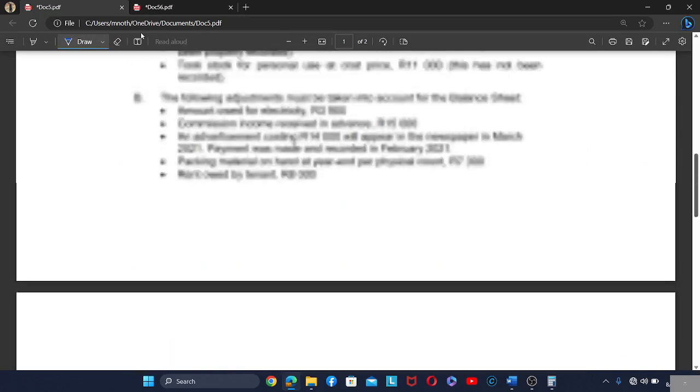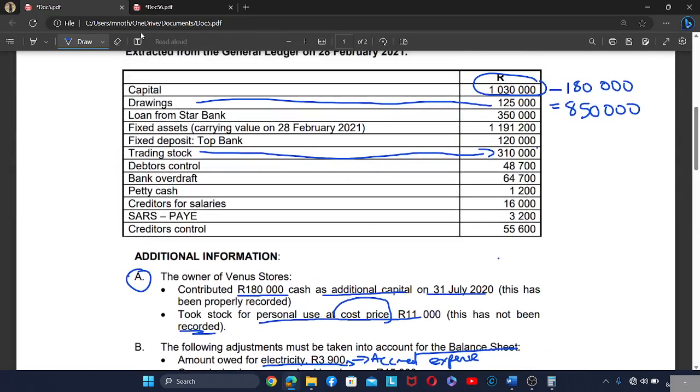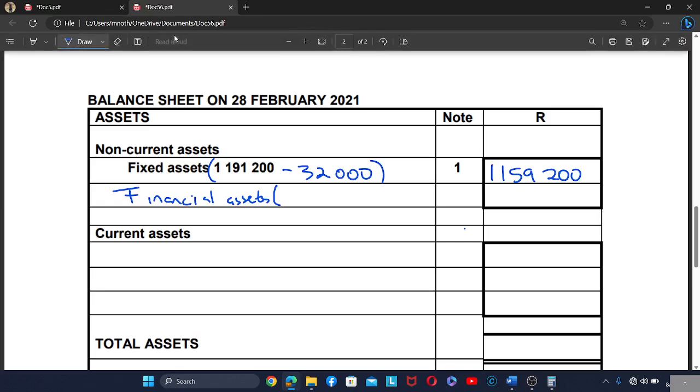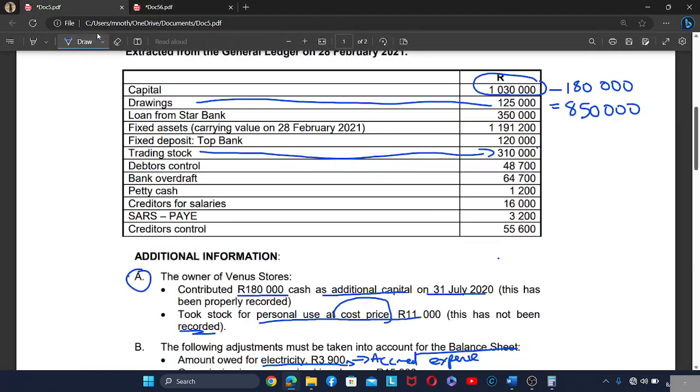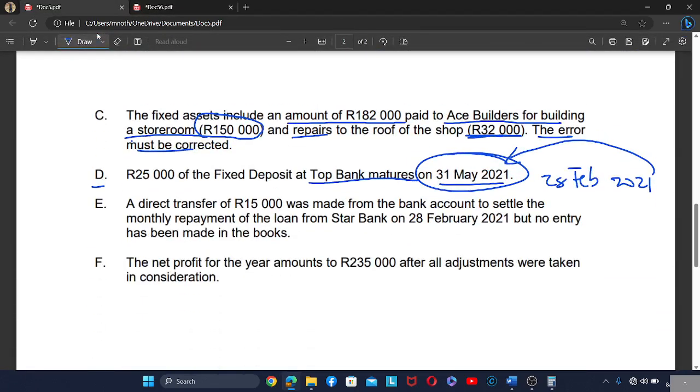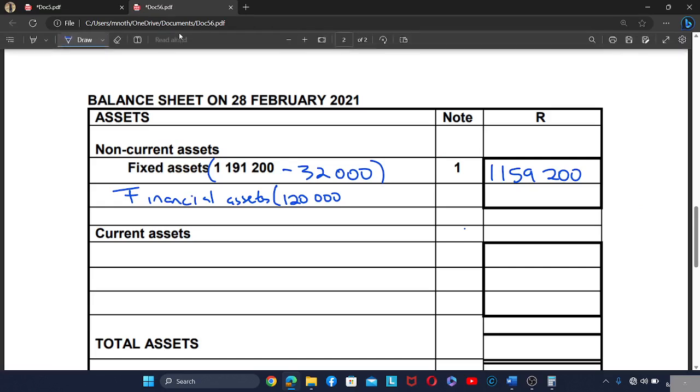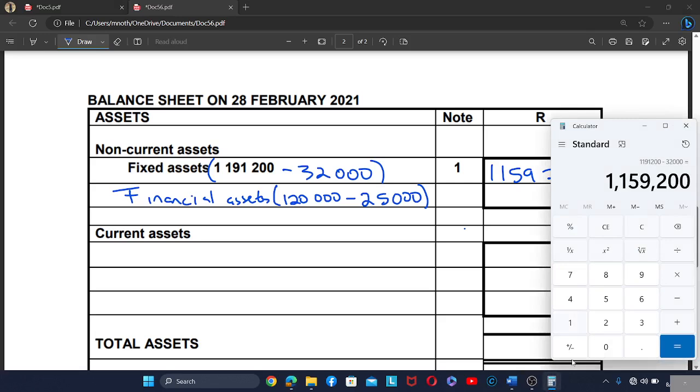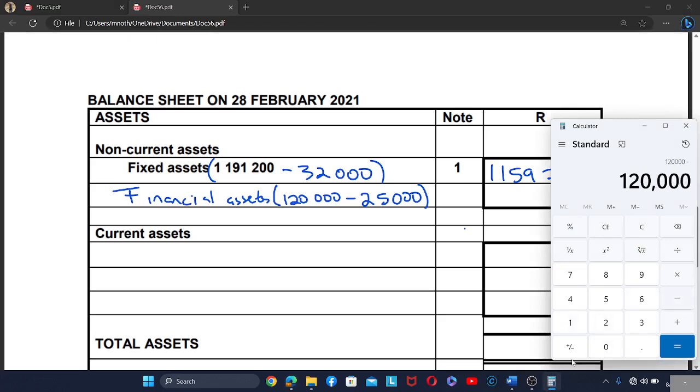So we must go to the fixed deposit. The fixed deposit is how much? 120,000. We go to the fixed deposit, 120,000, and then we must decrease it by the 25,000 because now the 25,000 is a short-term investment. In the fixed deposit we still have the 120,000, but some of it is now a short-term investment.